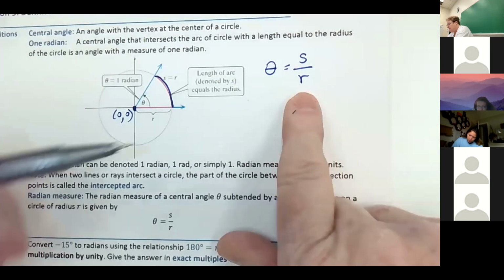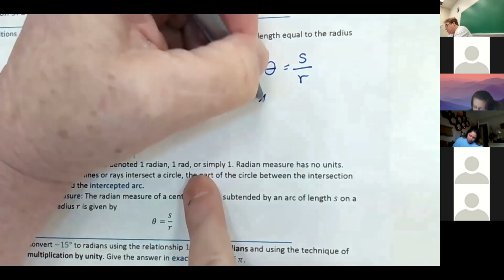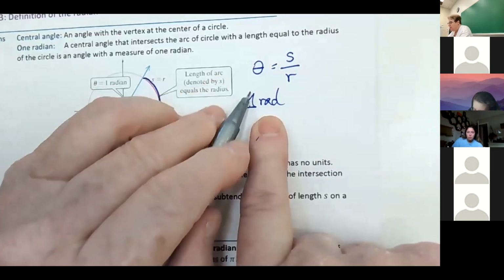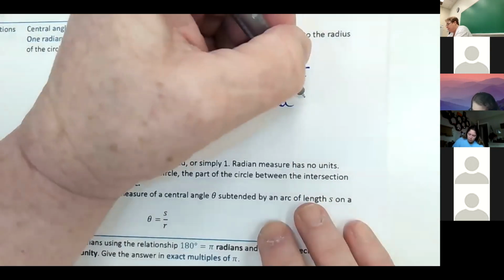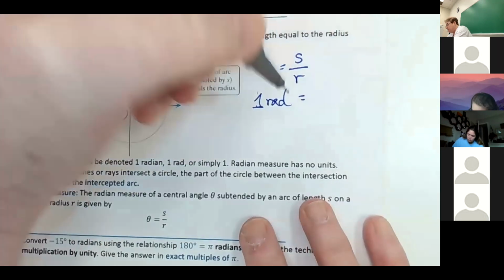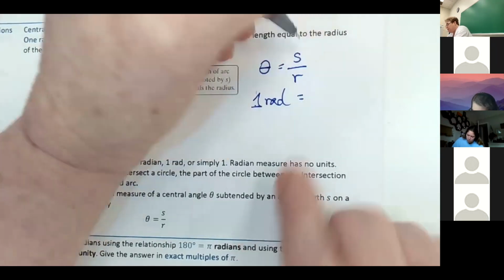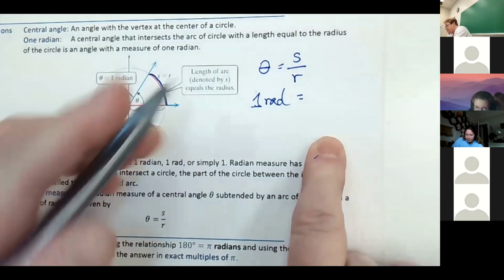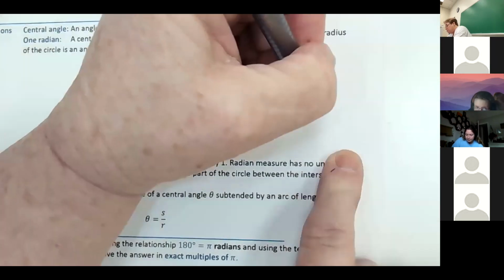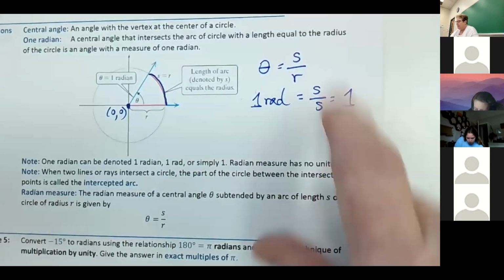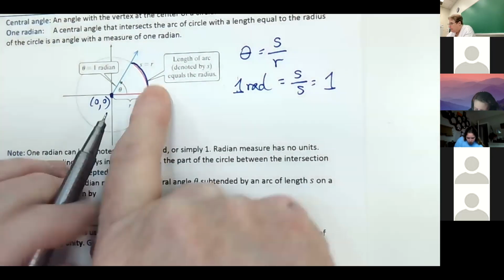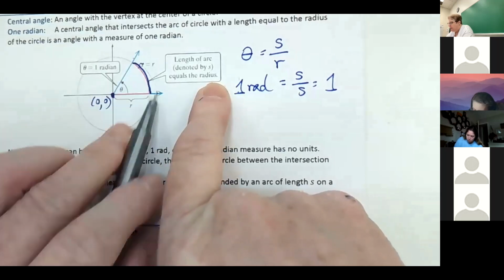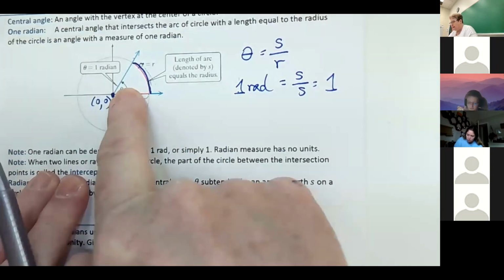And we're saying that 1 radian, that's the value of theta, will be whenever S and R are the same. So the radius is the same as the arc length, and that gives us exactly 1 radian.